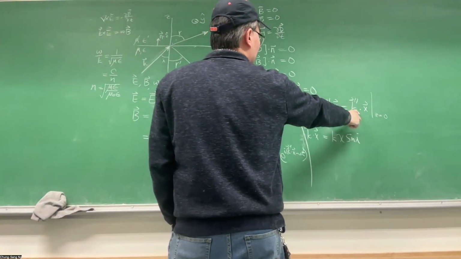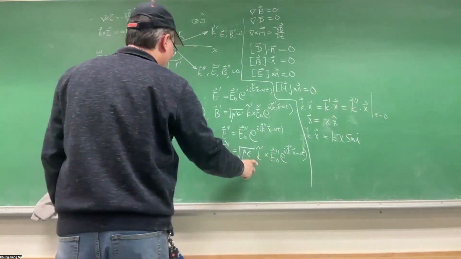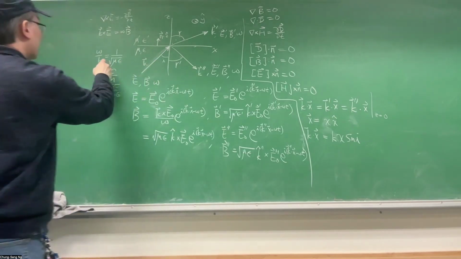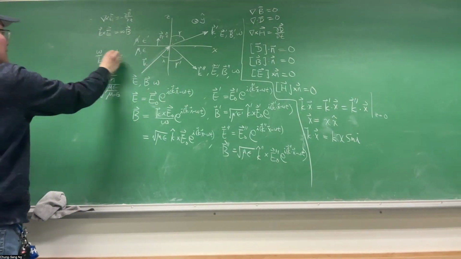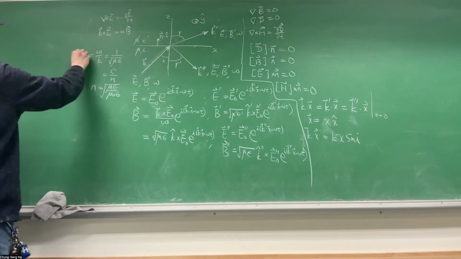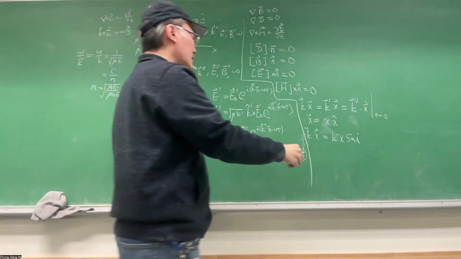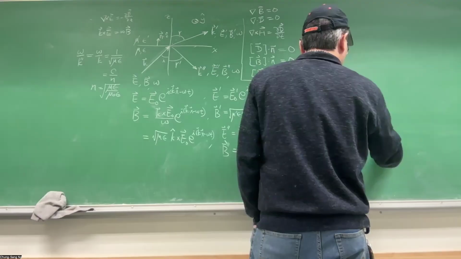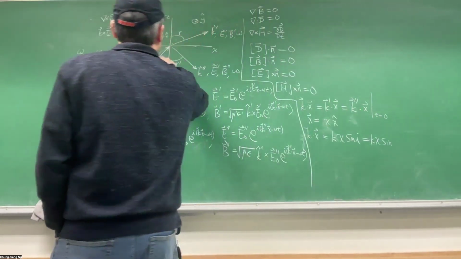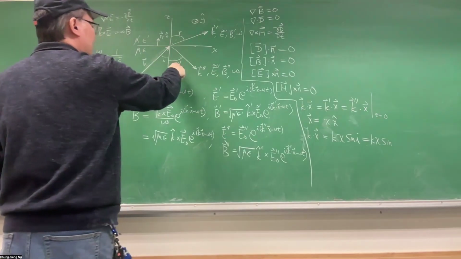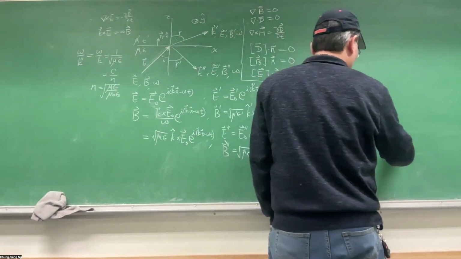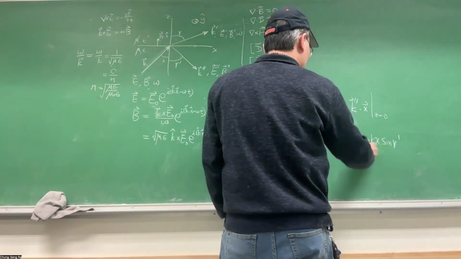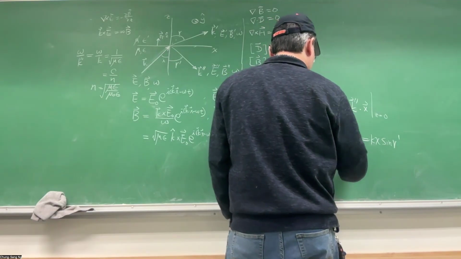And now consider this equals that first, because this is k double prime. k double prime is in the same medium, so we satisfy this. So omega over k is this one, but this is also equal to omega over k double prime. The magnitude of k double prime is the same, so it's the same k. Now this sine, instead of this angle, is this angle alpha. So immediately you see that I equals alpha.